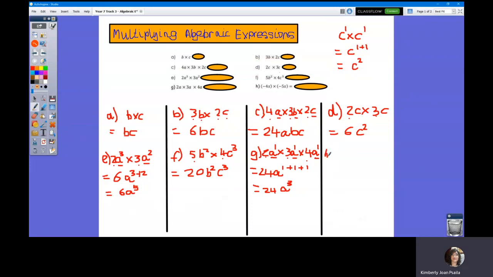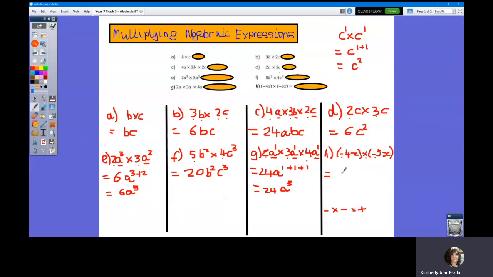And we have the last one here, so minus 4x times minus 5x. Now the different thing is that we have negative values. Sometimes I give a hint that when you have negative values, you multiply the signs first. You see here you have a minus multiplied by a minus, and from my rules of directed numbers, we know that minus times a minus gives us a positive value.